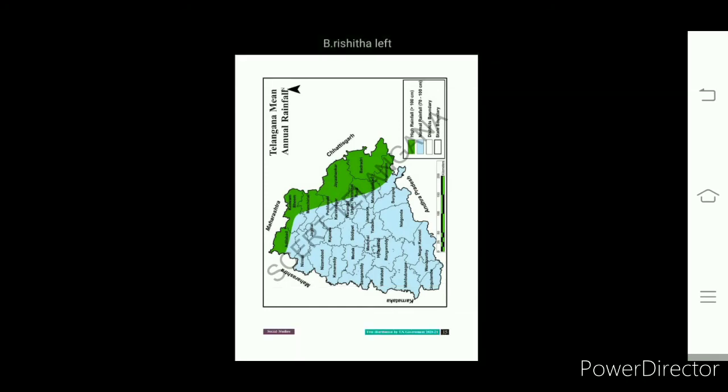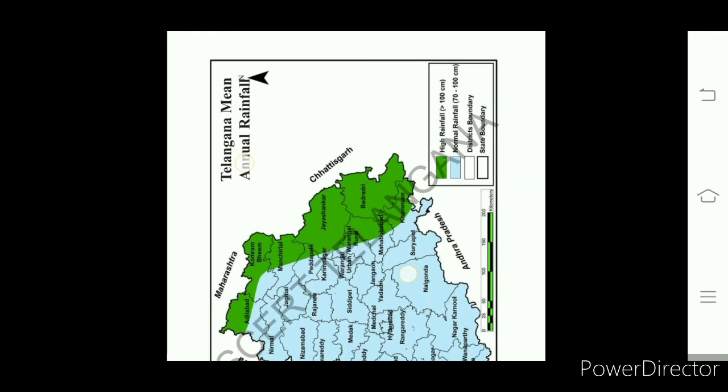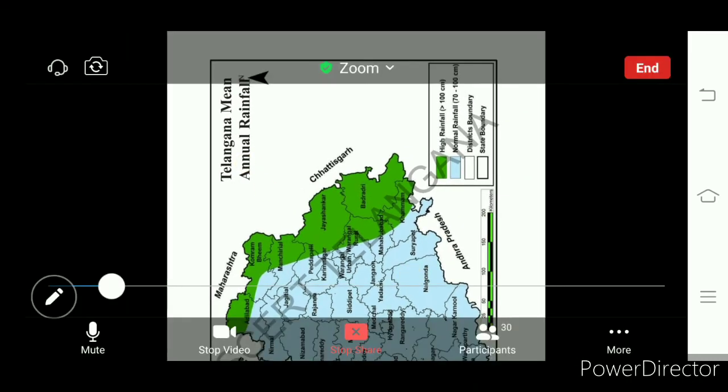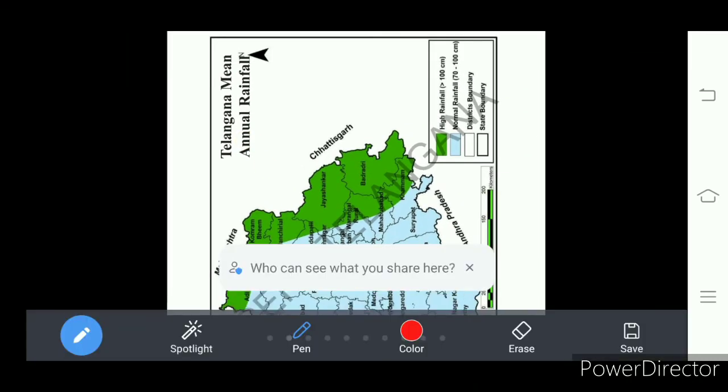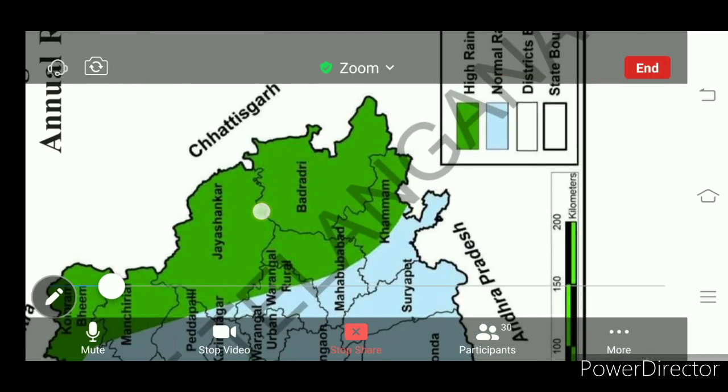Next, what is this? It is also one thematic map. What is shown here? Annual rainfall. How the rainfall is there. Here it is completely green color that shows above 100 centimeters of rainfall, where the green color is there.